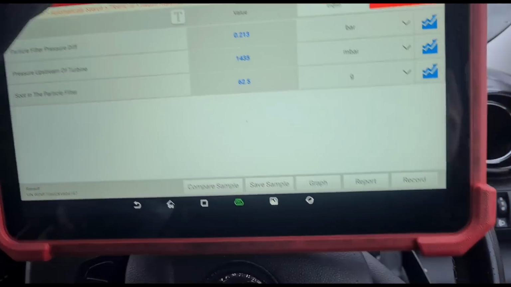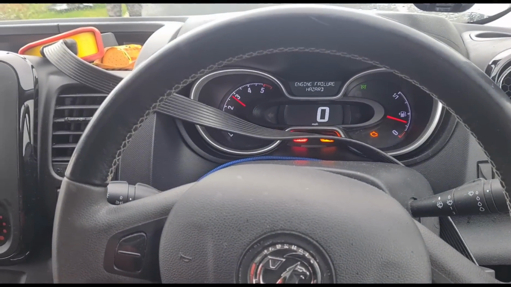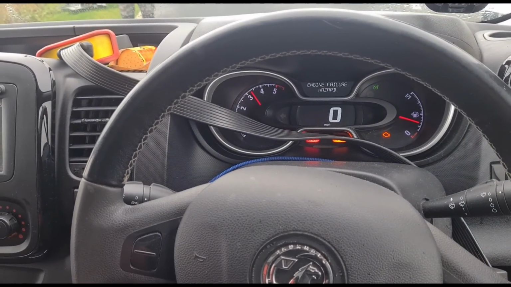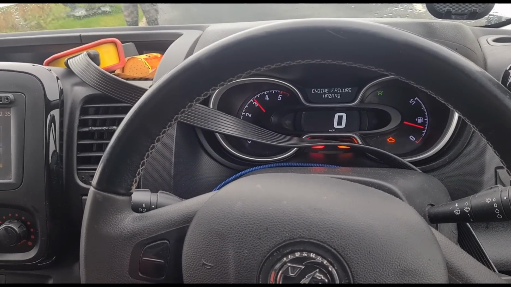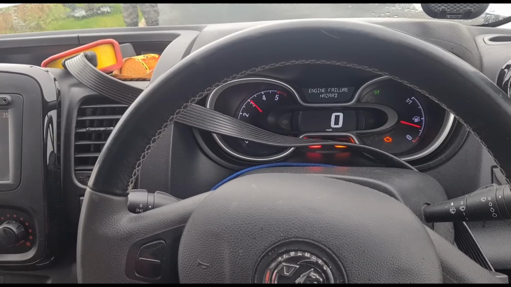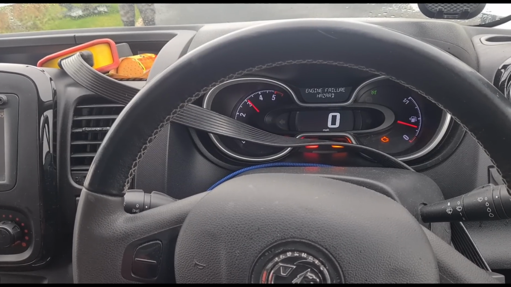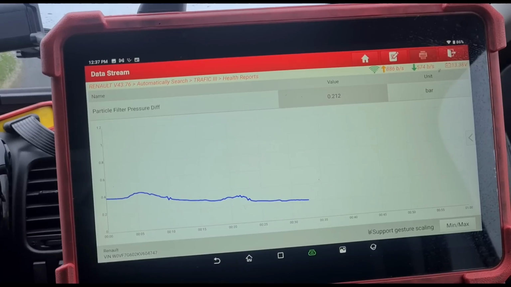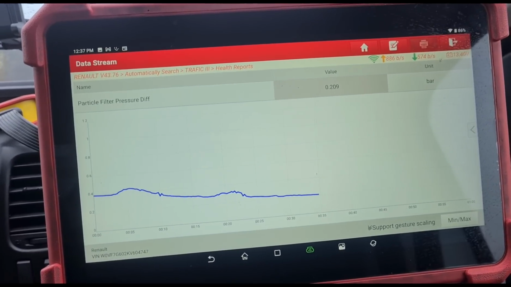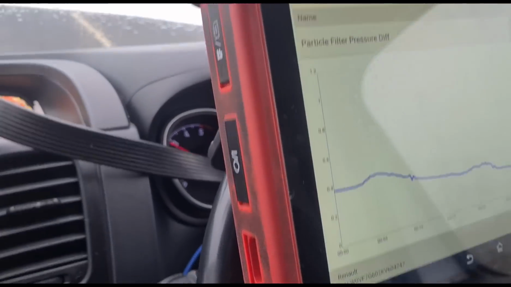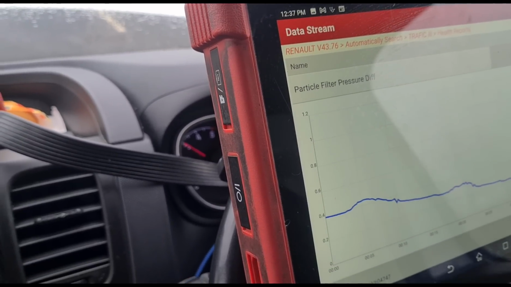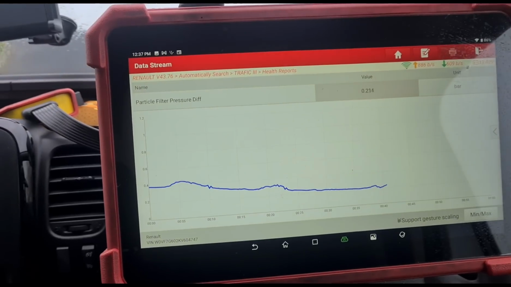So we're going to hold the revs now up at 3000 RPM until we can get this DPF cleared out. Now we're just holding the revs at 3000 RPM, just going to watch the pressure here.